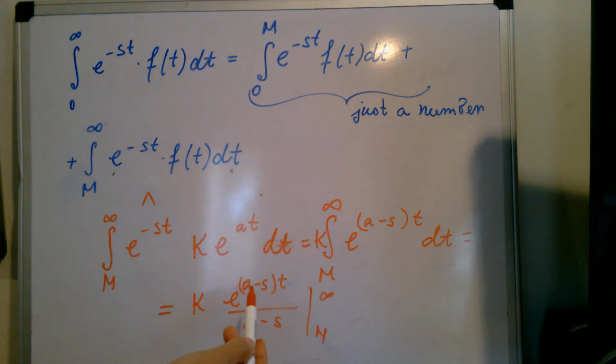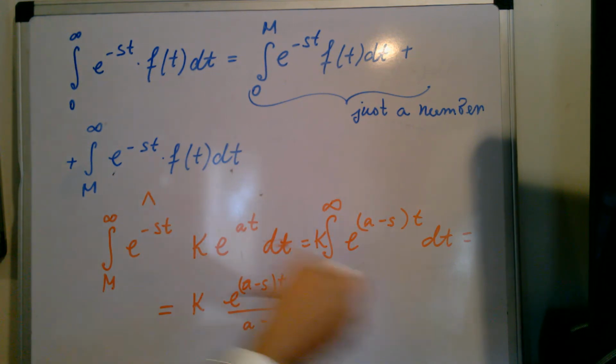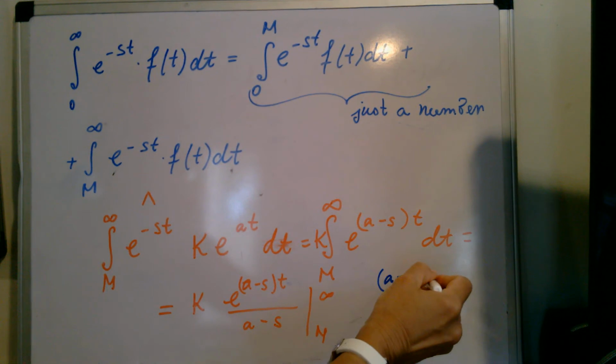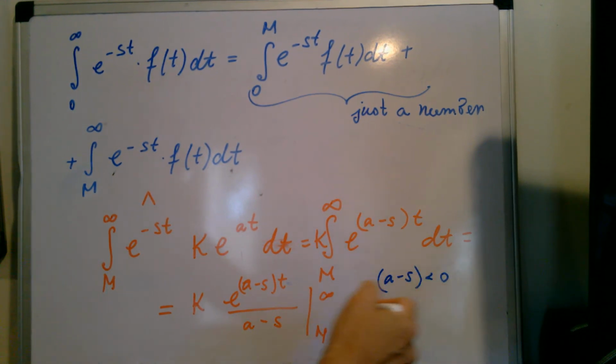Well, guys, we already remember that this goes to 0 at infinity, when t goes to infinity, only if a minus s is negative. So I'm going to write it down somewhere. So a minus s is supposed to be less than 0, to bring the term at infinity to 0. An exponential function does not have another option. It has either the infinity option or the 0 option.